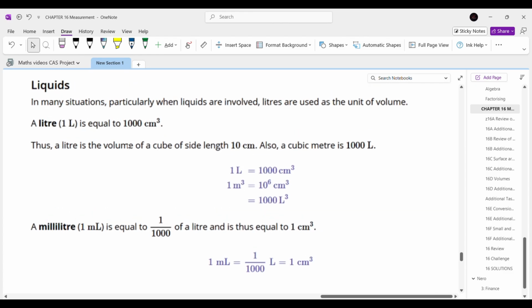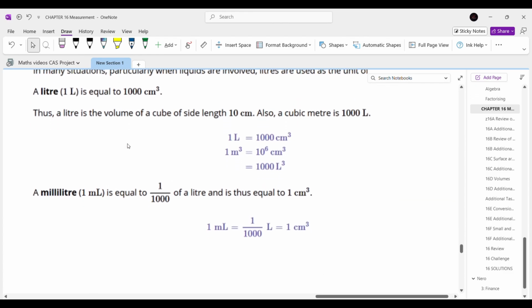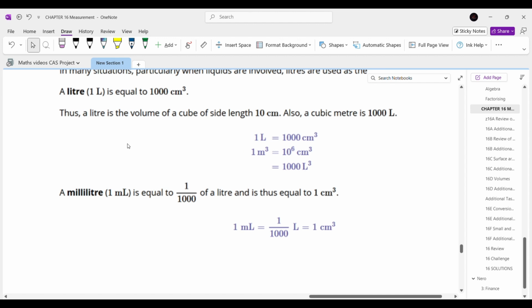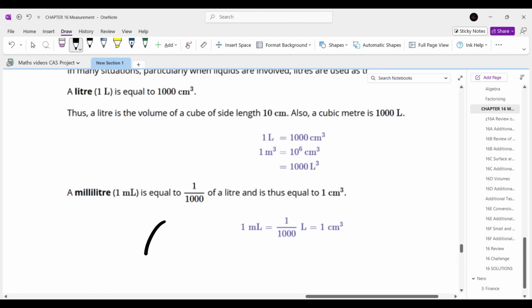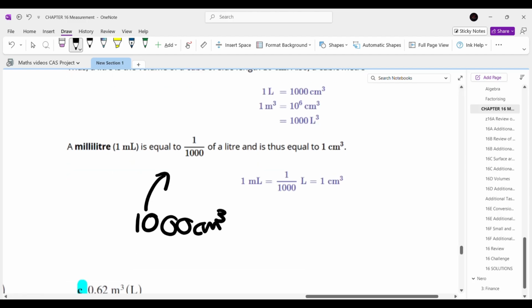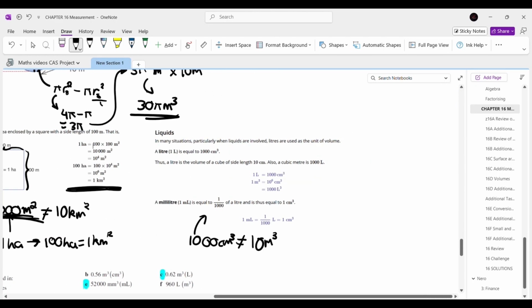Then we also have our special unit for volume, which is liters. This is just 1,000 cubic centimeters, because this does not equal 10 meters cubed.